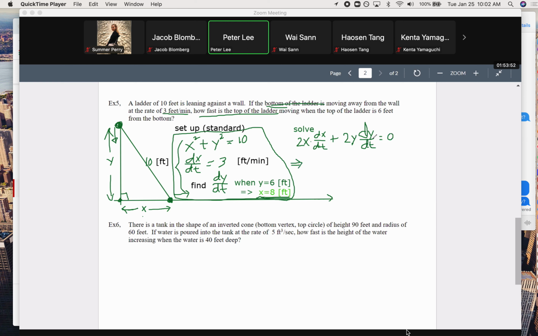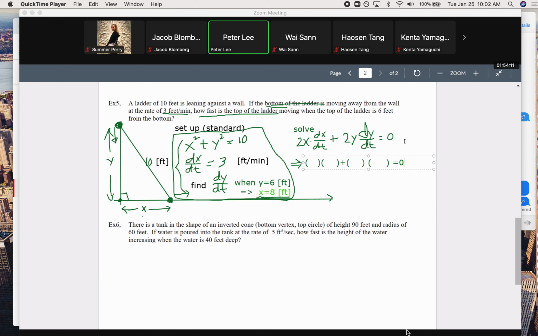Now multiply both sides by half, so that the 2's are all gone. And then once the 2's are gone, what we have is x dx/dt plus y times dy/dt equal to 0.